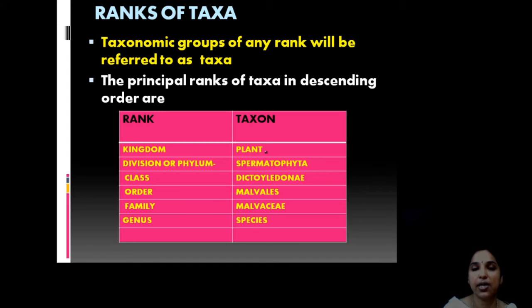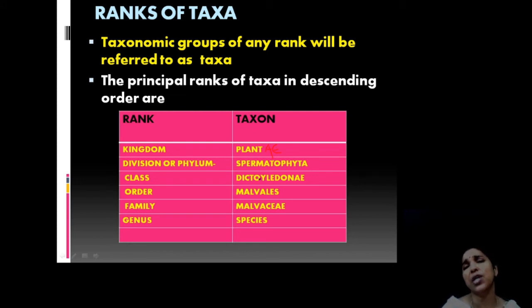So, one mistake here. Kingdom, Plantae. Now, division or phylum is Spermatophyta. Class is the next rank and the taxon is Dicotyledonae. Rank, order, taxon Malvales. Rank, family, taxon Malvaceae. One example I have given for family Malvaceae.